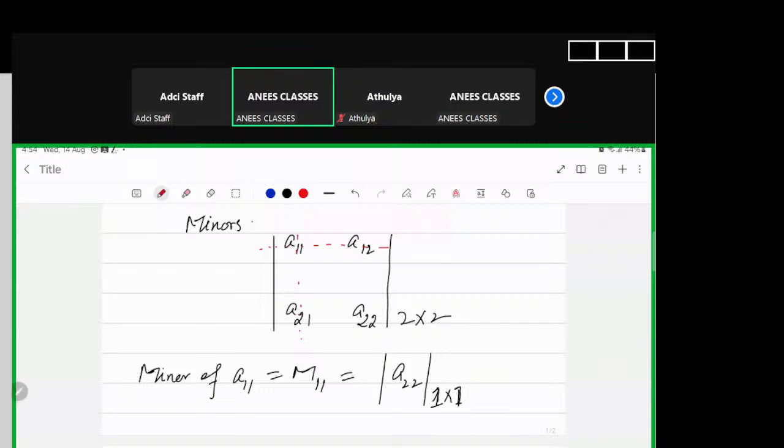So A11 and A12 is first row. A21, A22 is second row.